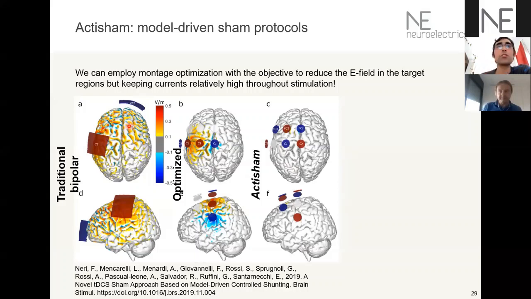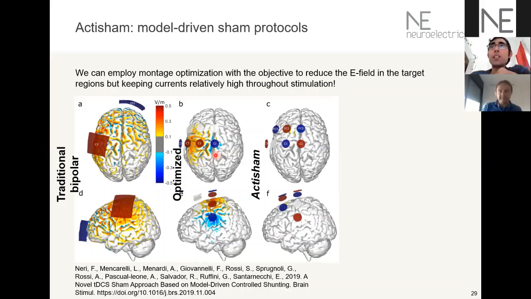This is the traditional montage. A more elegant approach is, of course, to define a target area in the motor cortex and to run montage optimization to determine the position and the currents of the electrodes that will excite that area. And in this case, this is the montage that was obtained.